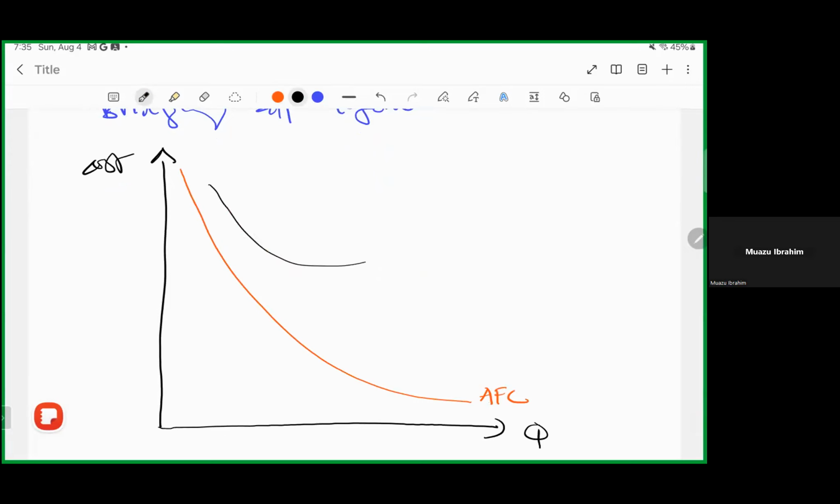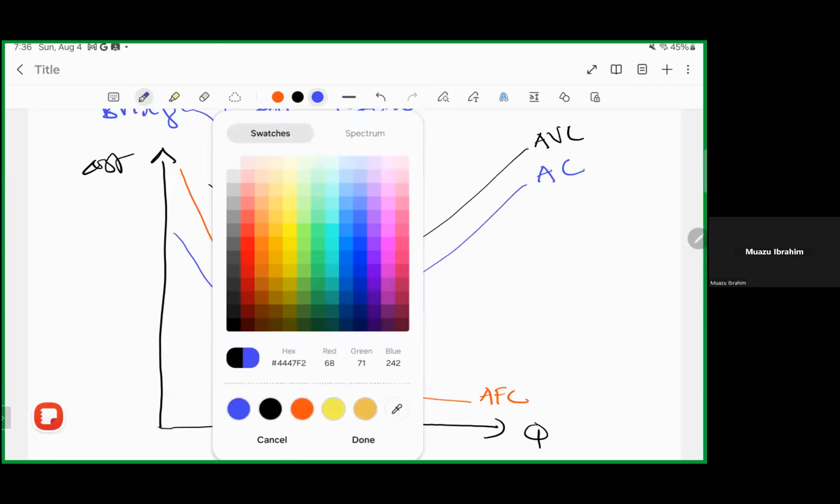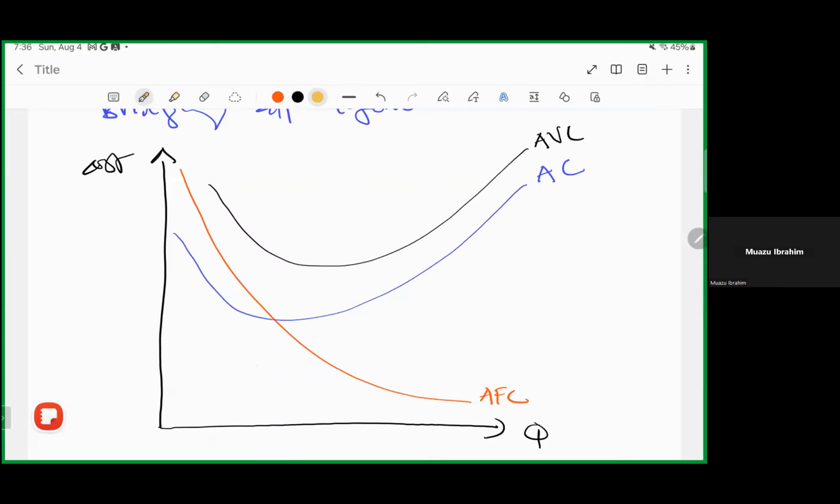This is the average variable cost. This is the average cost. And this will be the marginal cost.